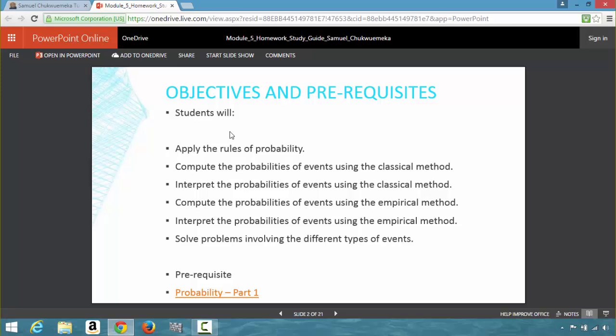Then you shall compute the probabilities of events using the empirical method, interpret the probabilities of events using the empirical method, and solve problems involving the different types of events: dependent events, independent events, mutually exclusive events, and complementary events. So please view this video first.